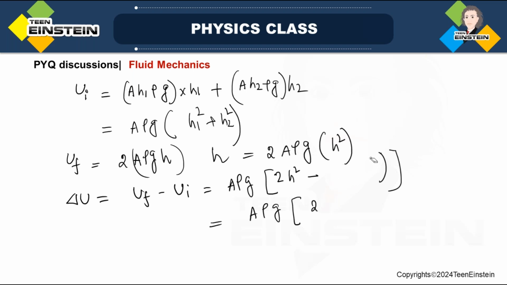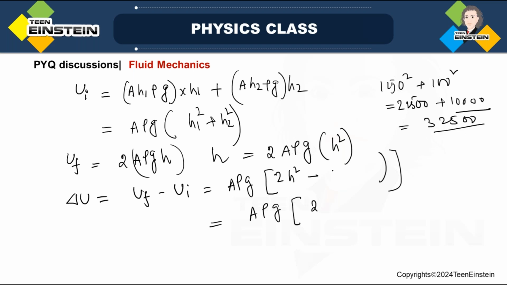I can put the values. So h1 square plus h2 square, so 150 square plus 100 square. So this will be 22500 plus 10000, a big number, 32500. Yes, this is the number, and the other number is 125 whole square, we have to get.